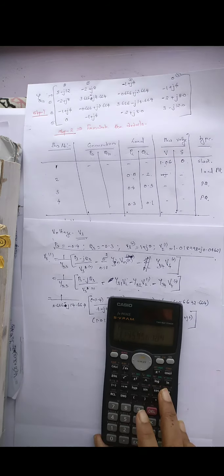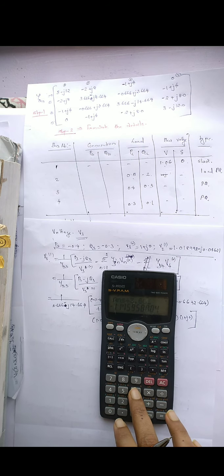the bracket 1.018998 minus j0.04621, closing the bracket, and then minus again, minus 2 plus 8j into 1. So I will get my answer as minus 1 point something, and that answer is divided by our admittance, that is 3.666.